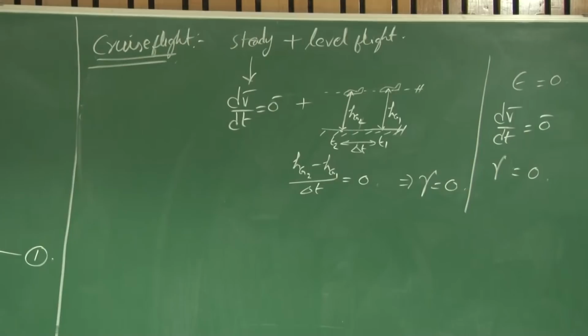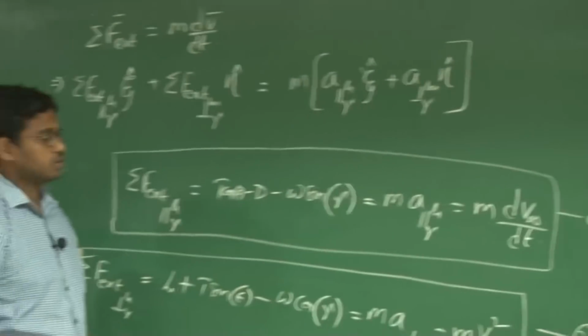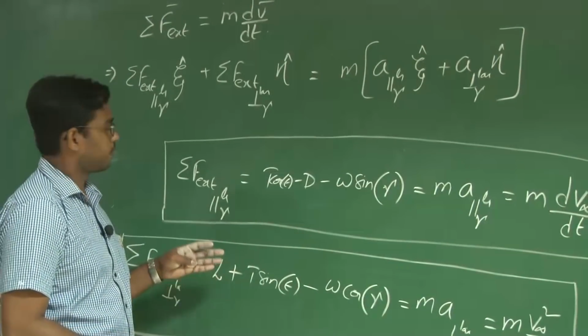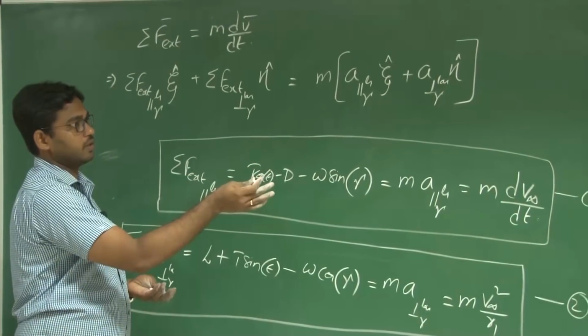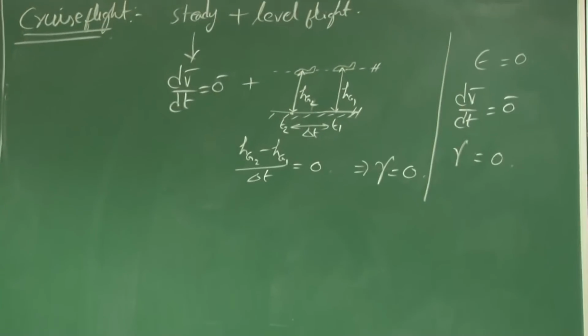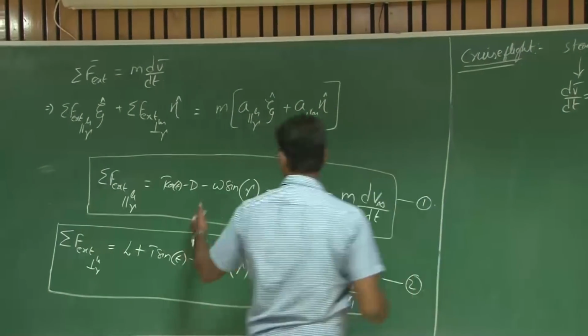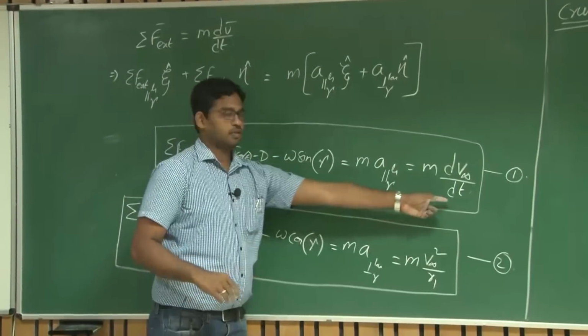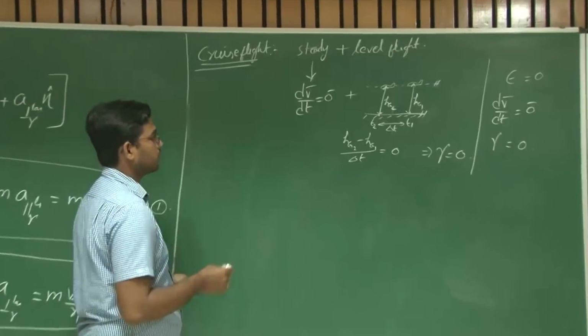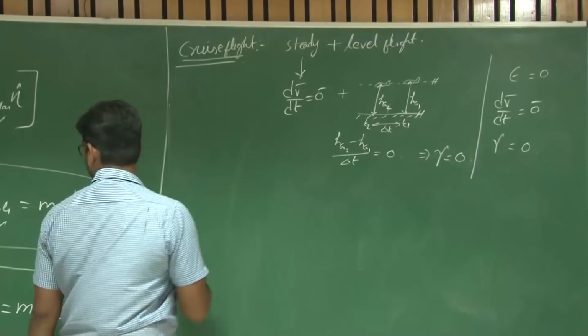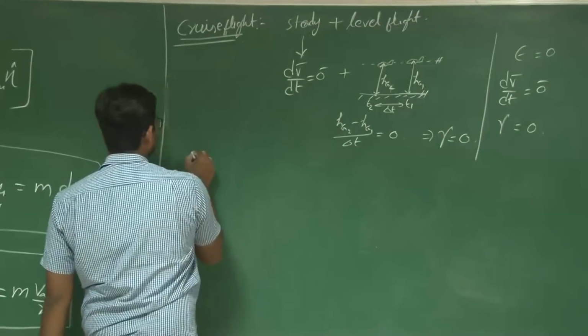Now let us look at how these equations of motion in the vertical plane reduce. So substituting epsilon naught and the steady condition and level flight condition in equations 1 and 2, we have, since it's a steady flight, the acceleration is 0, both parallel and perpendicular components of acceleration are 0. There is no misalignment further.